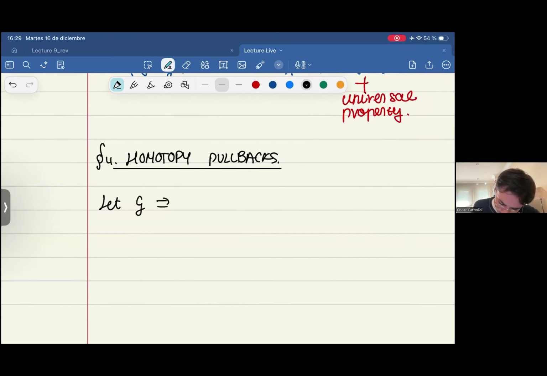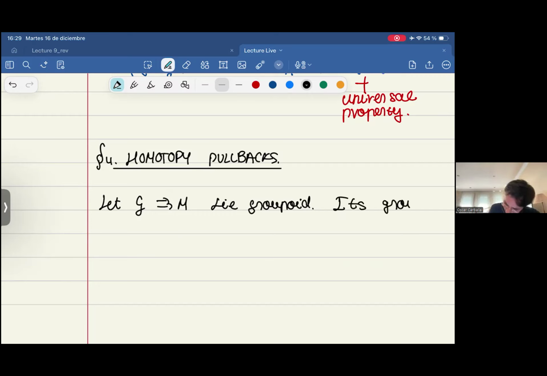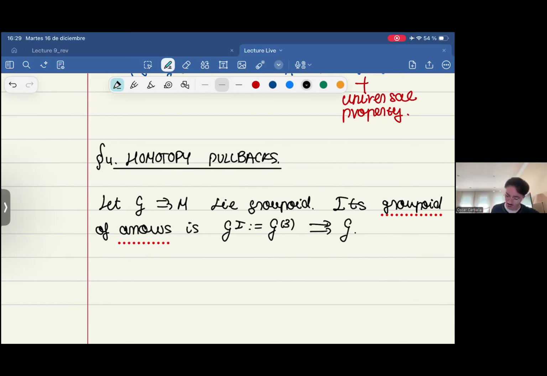Let us consider a Lie groupoid G over M, and we consider its groupoid of arrows, which is defined as follows. It is denoted by G^I, and this is just the set of arrows. It is a Lie groupoid over the set of arrows.